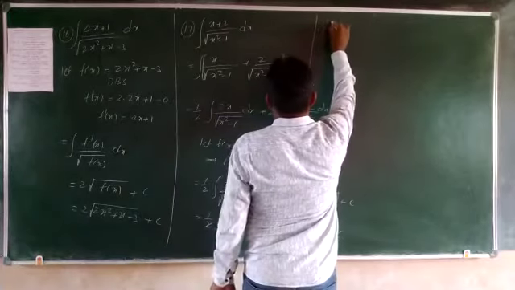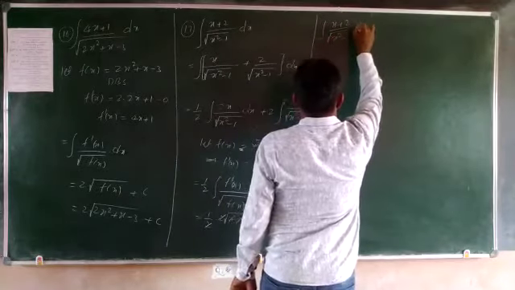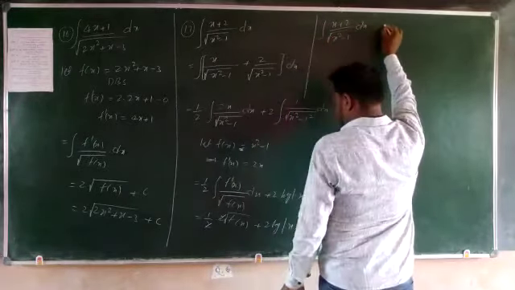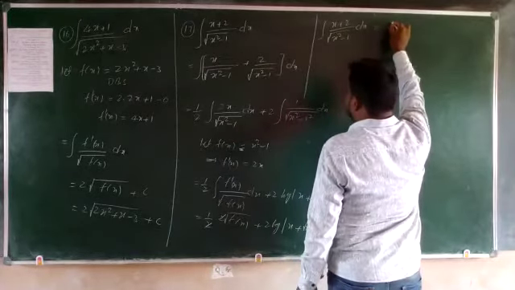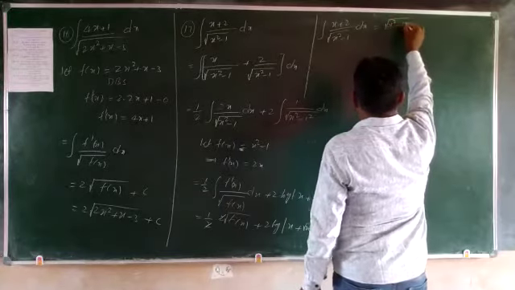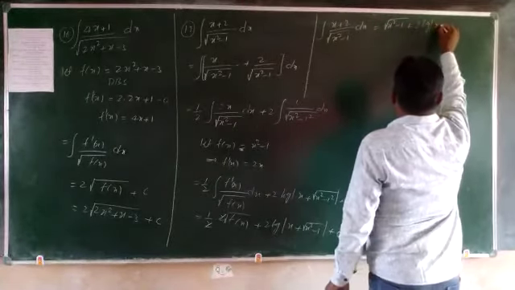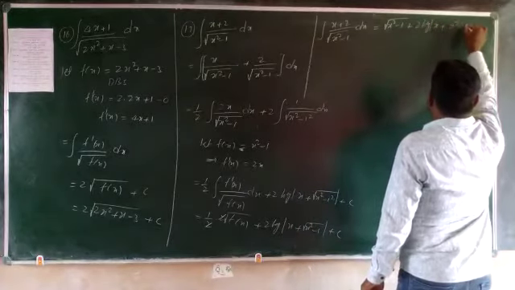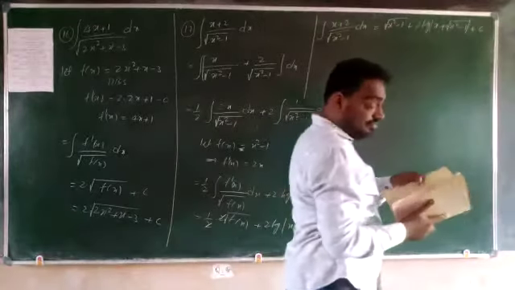So the integration of (x plus 2) by square root of x square minus 1 into dx is equal to root f of x, where f of x is x square minus 1, under root, plus 2 log of x plus under root of x square minus 1, plus c is the answer.